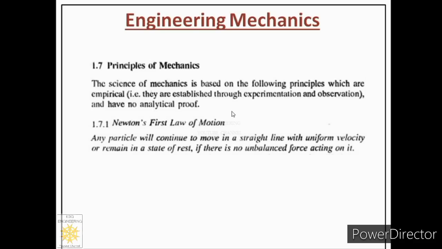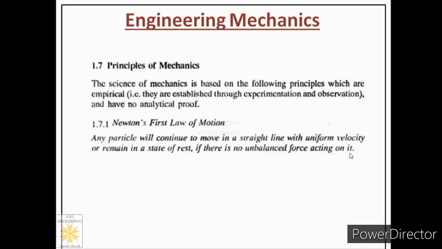So the first one is Newton's first law of motion. We all know this law. Let us read the statement once again. Any particle will continue to move in a straight line with uniform velocity or remain in a state of rest if there is no unbalanced force acting on it. So it is a very simple law.